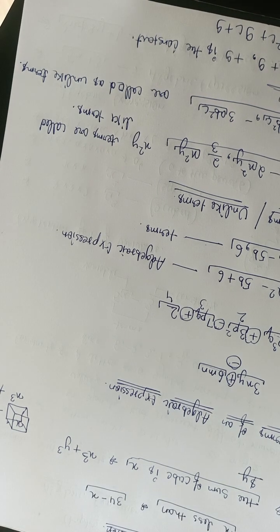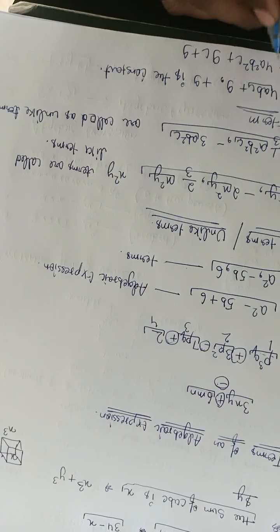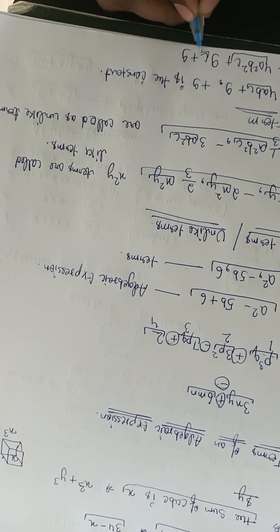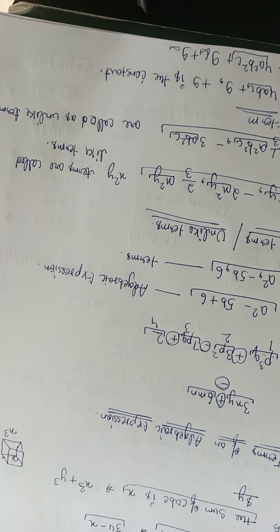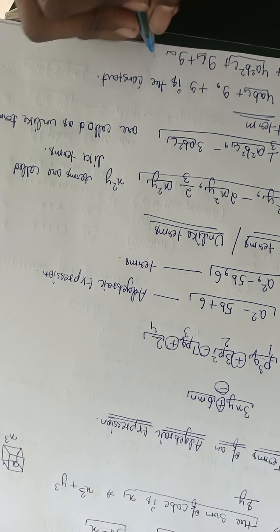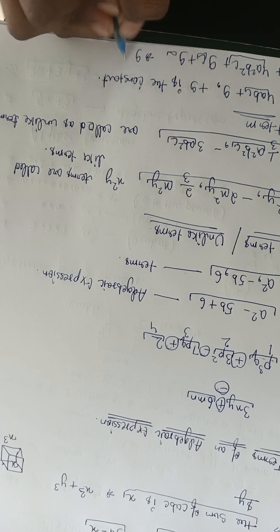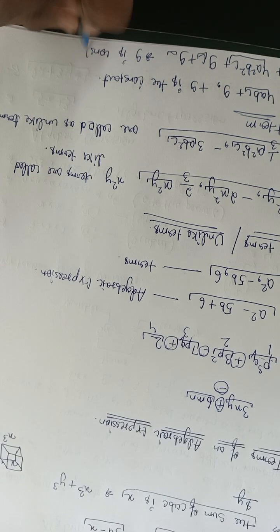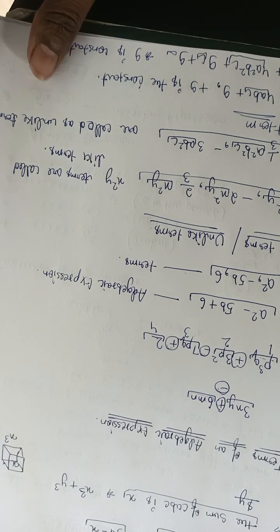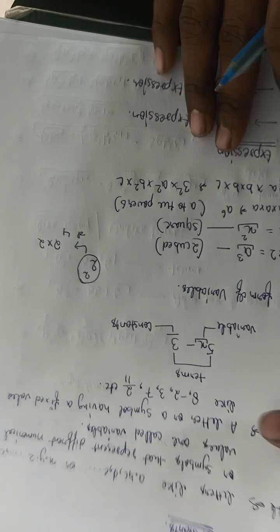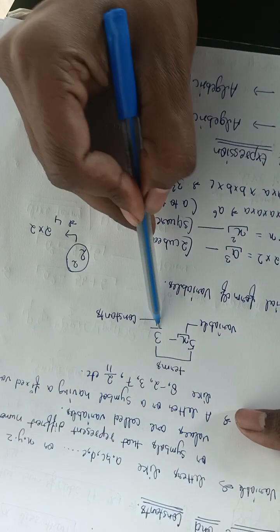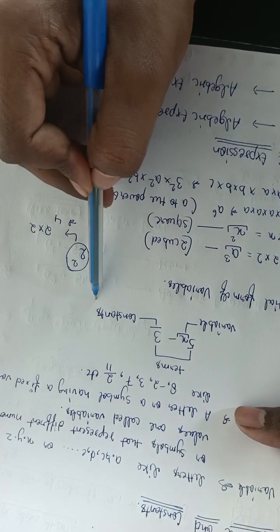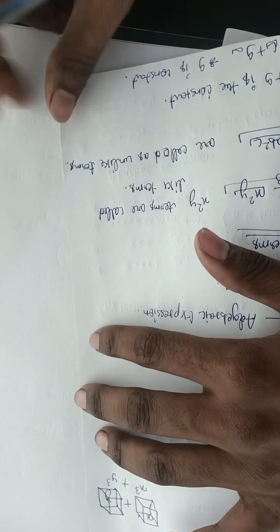Here a variable term is there, here also a term is there, but here it is not a variable term. So here 9 is again the constant. Like I have told you before, this constant only is to be treated as a constant.